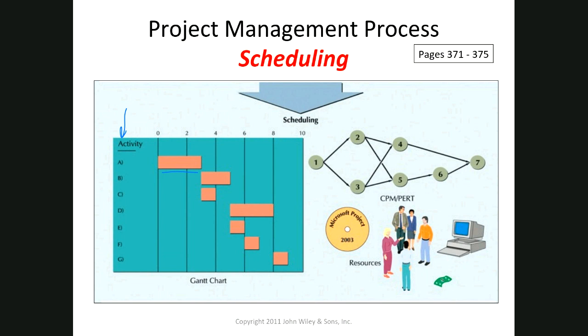So in this case, as you'll see, activity A has to be completed before B and C take place. And in the same way, activity 1 has to be completed before 2 and 3. So that's just a graphical representation of the schedule. And we'll look at that more.